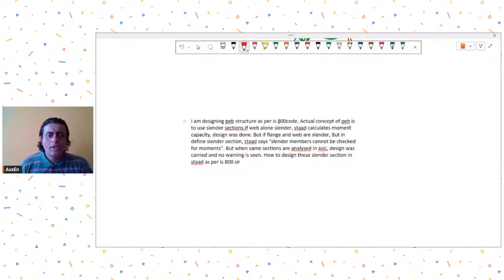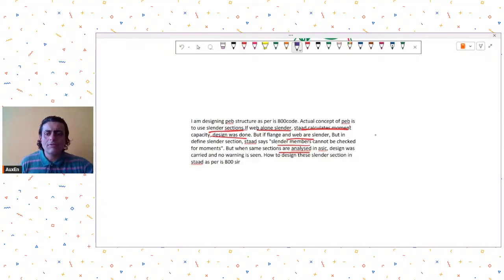The actual concept of PEB is to use slender sections. If the web is slender, STAAD calculates the moment capacity and design is done. But if flange and web are both slender, then in defined slender section, STAAD says slender members cannot be checked. But when we use the same sections in AISC, design is carried out and no warning sign is seen. How to design these? Very good.